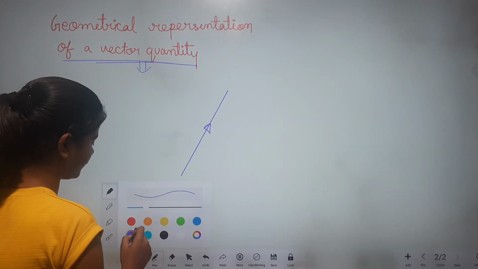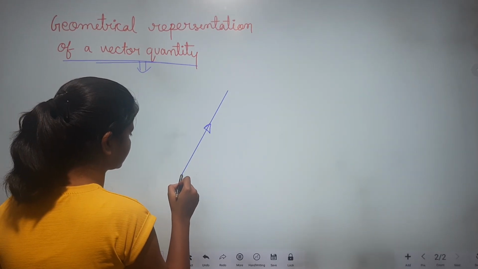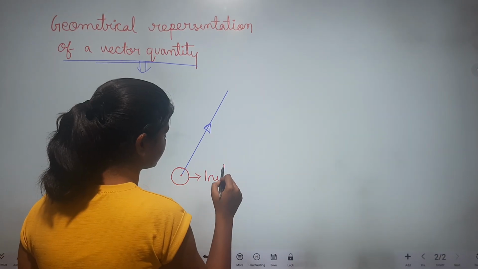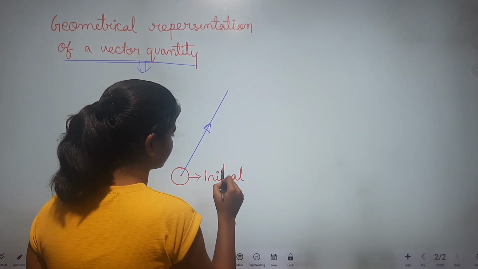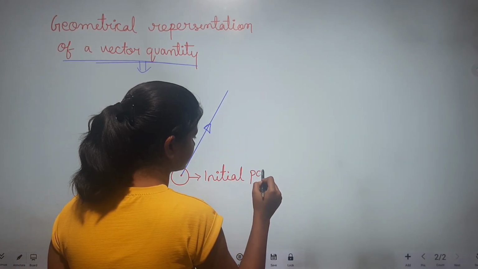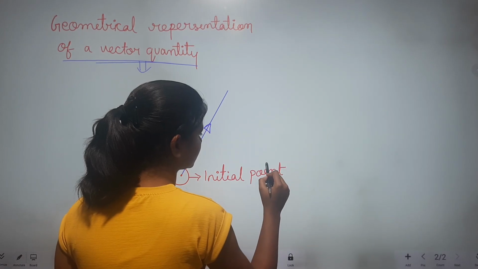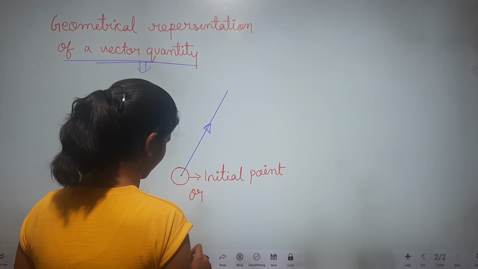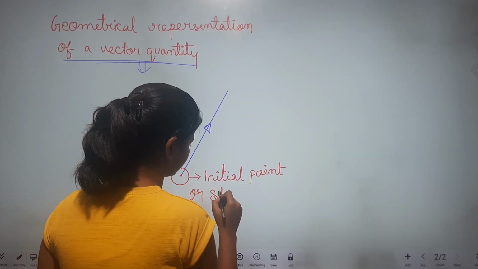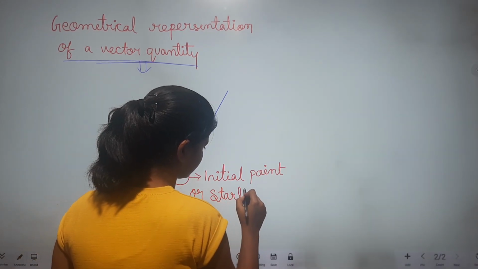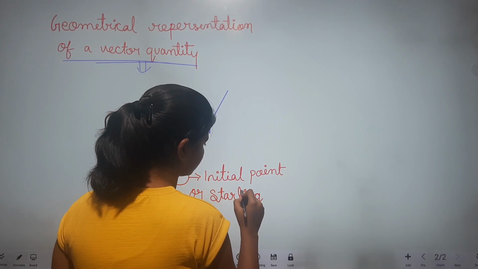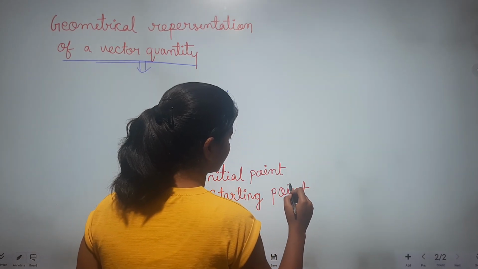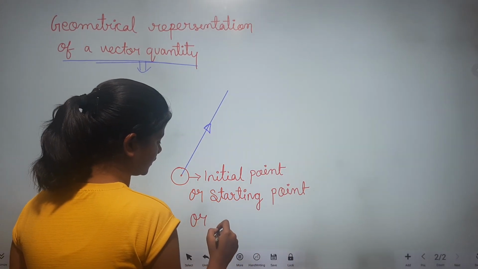The point from where we start our line is known as our initial point, or we can say starting point, or tail. Okay.